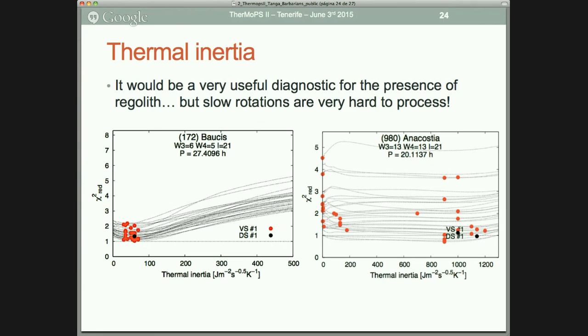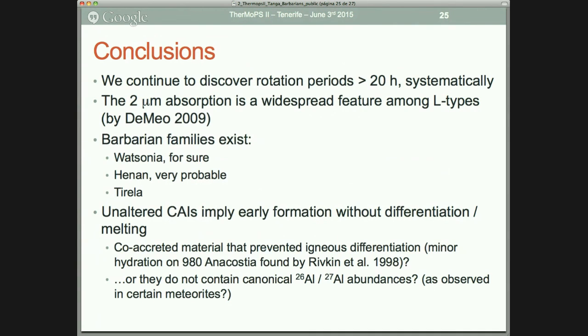So depending upon the orientation of the object and its shape, the process converges quite well or not. Usually we are in that situation on the right, so probably we have to target the fastest rotators of the sample to try to get more information on thermal inertia. We could constrain these properties related also to polarization. So conclusions, we continue to discover slow rotators systematically.